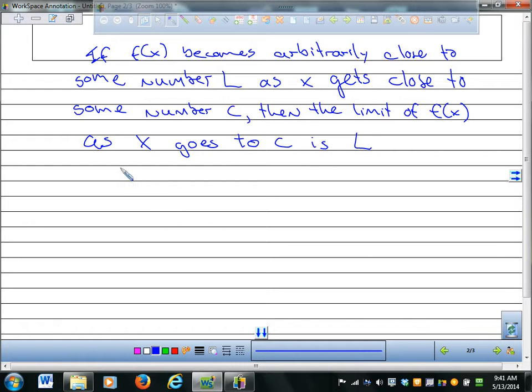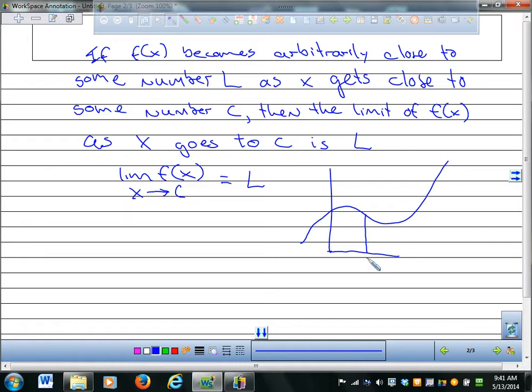And you write that the limit of f of x as x goes to C equals L. So for some arbitrary function, like we have some function that's going up and down like this, you can find a limit anywhere on a function.